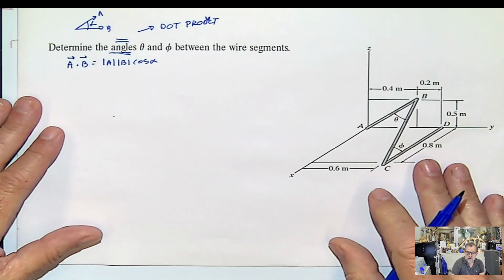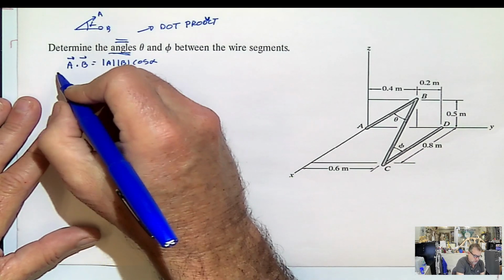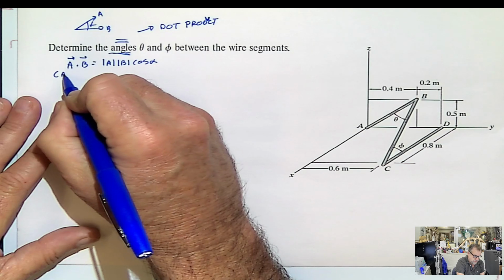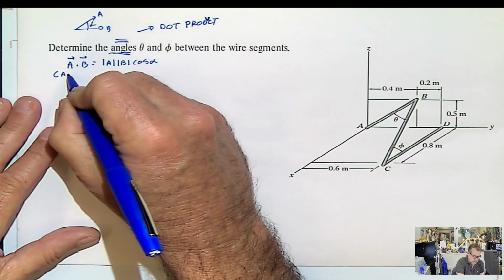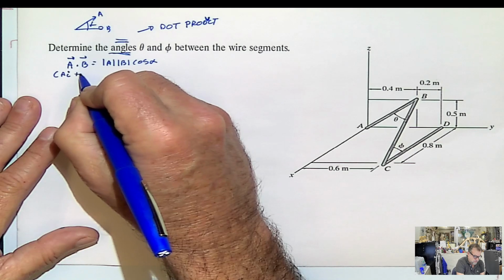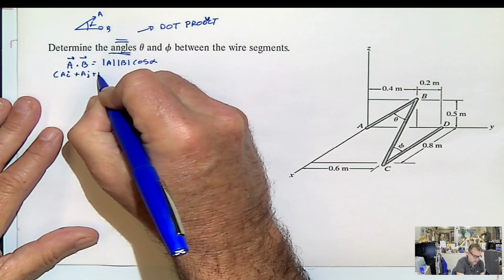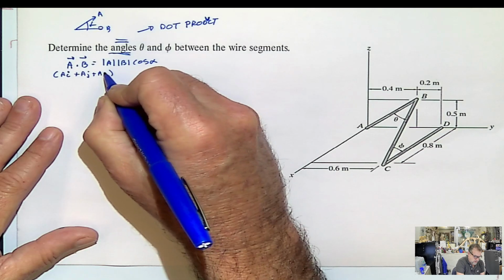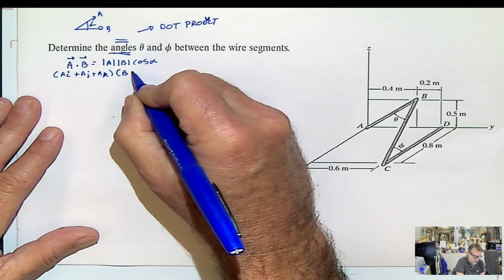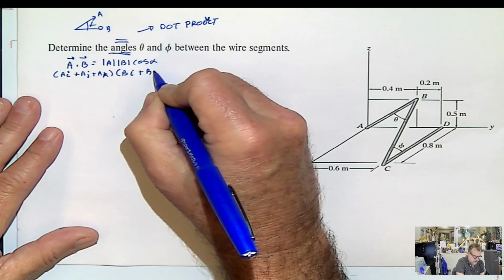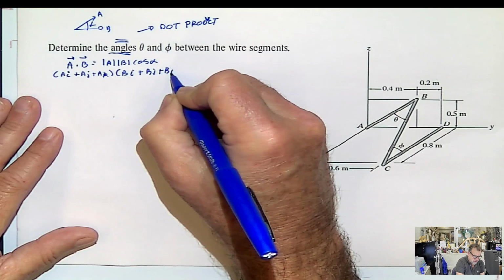The other definition is if you are doing AI plus AJ plus AK multiplied by BI plus BJ plus BK.